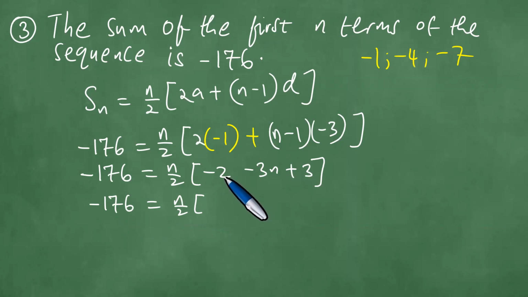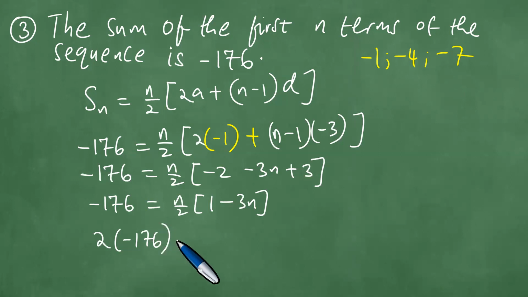Grouping like terms together, we have -2 plus 3, which is 1, minus 3n. Now you can cross multiply, getting 2 times -176 equals n times (1 minus 3n).